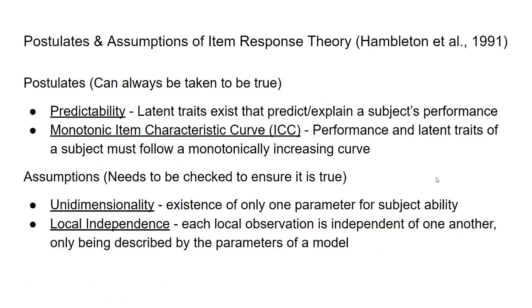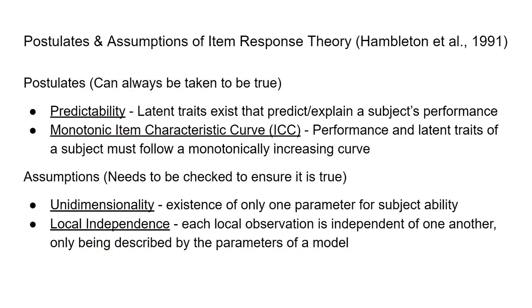First things first with item response theory, we need to jump into the postulates and assumptions. For the postulates, we have predictability and a monotonic increasing item characteristic curve. Predictability means that there must be latent traits that can predict the subject's performance.